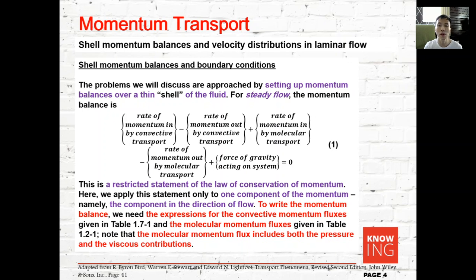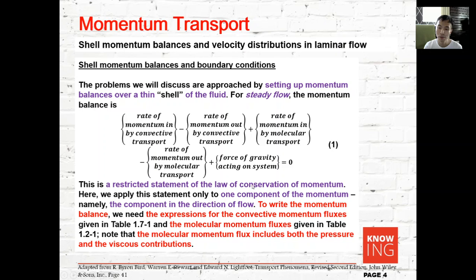In this slide, we show you a shell momentum balance for momentum transport. Basically you have the rate of momentum in by convective transport, out by convective transport, plus in by molecular transport, minus out by molecular transport, plus the force of gravity acting on your system. Normally this force of gravity is taken in the direction of your flow.